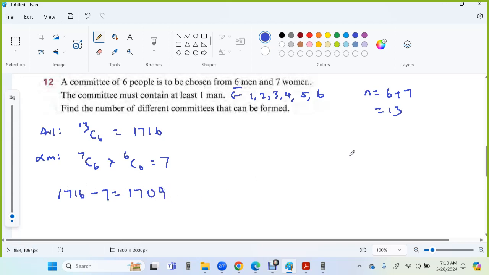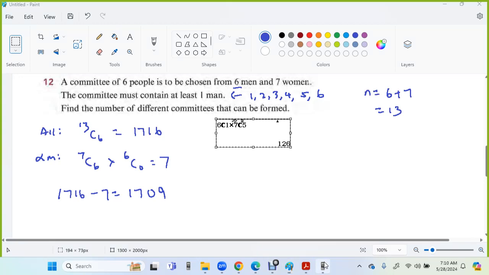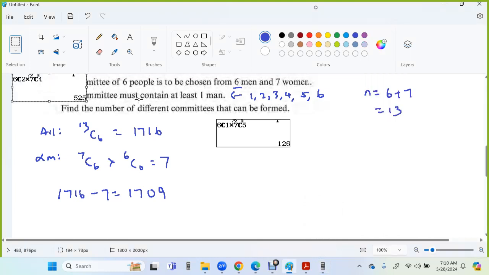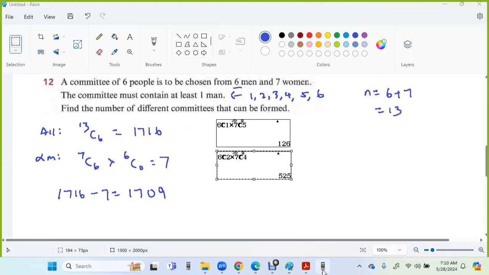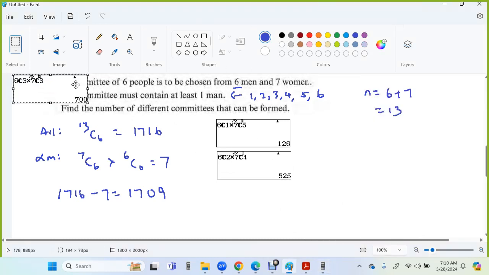Okay. If we have, let's say, the 6 men choose 1, and then 7 women choose 5. So this is the first case, 126. And then 2 men, 4 women, 525. And then the 3 men and 3 women, 700.